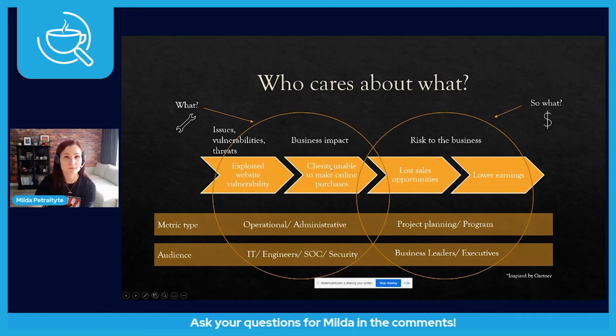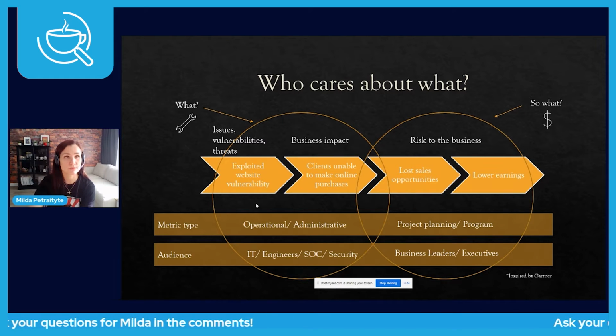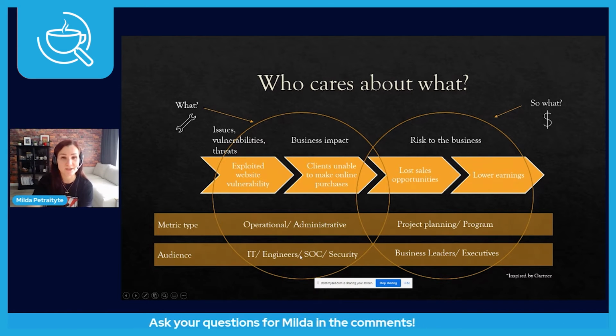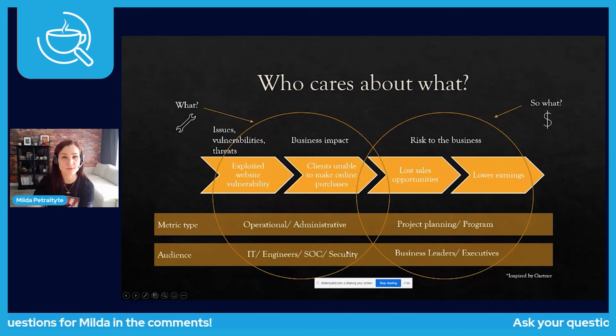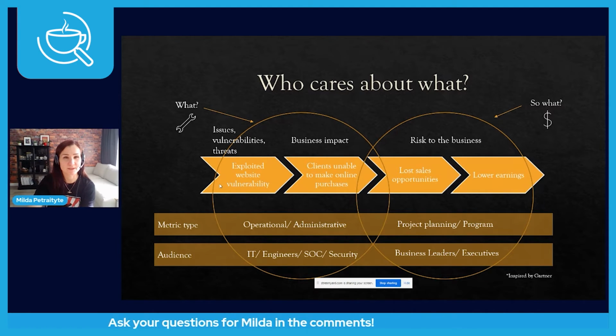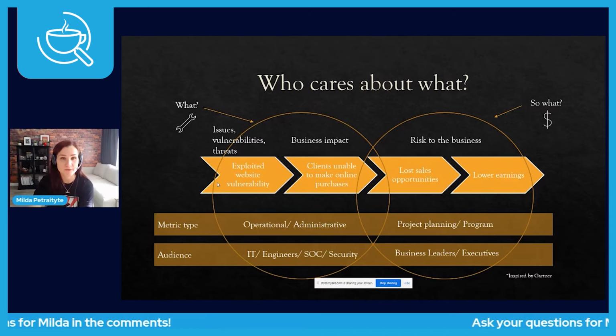Obviously these lower level issues are more concerning for engineers, technical teams, all sorts of security and SOC people. So that's the audience concerned about this. They are speaking about the what, and the metrics that they discuss are operational and administrative.